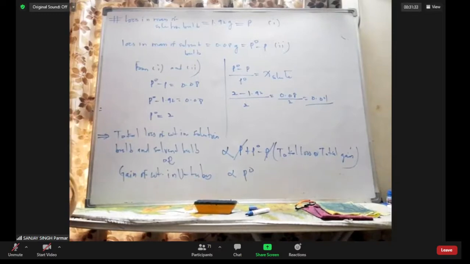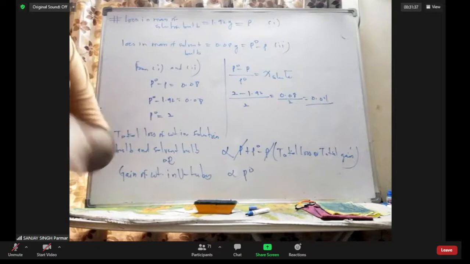So the first colligative property, relative lowering of the vapor pressure, has been completed in detail.